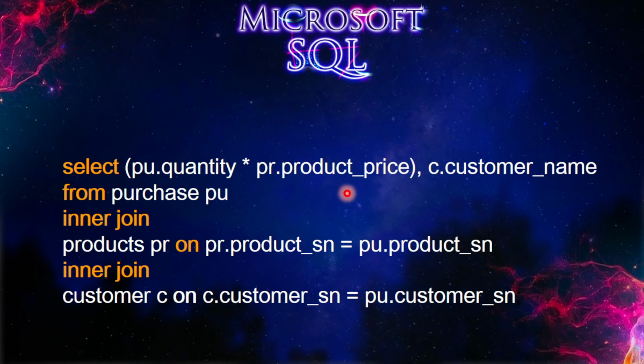So I want all the products that have a product release date greater than 2015. So select star from products where product date is greater than, and here I need to enter a string value, 2015 dash 01 dash 01.